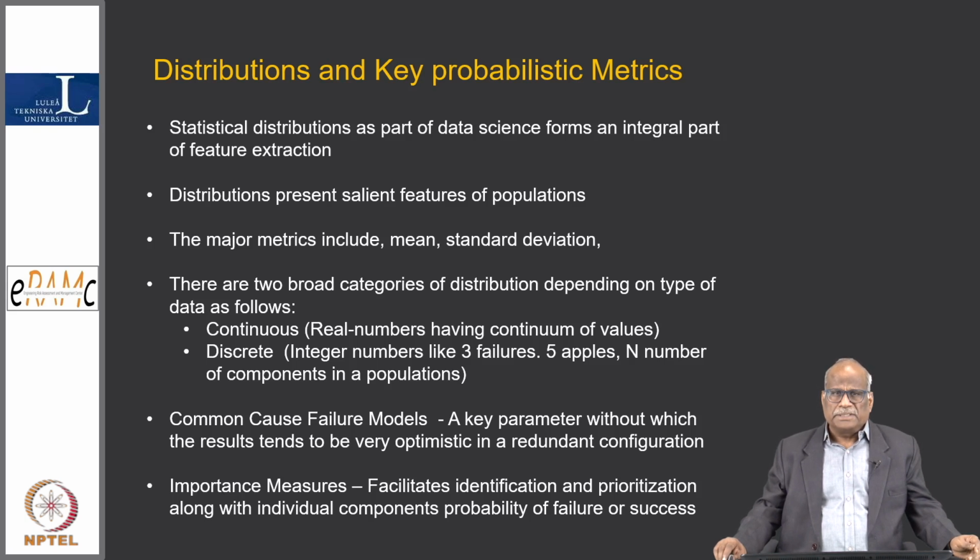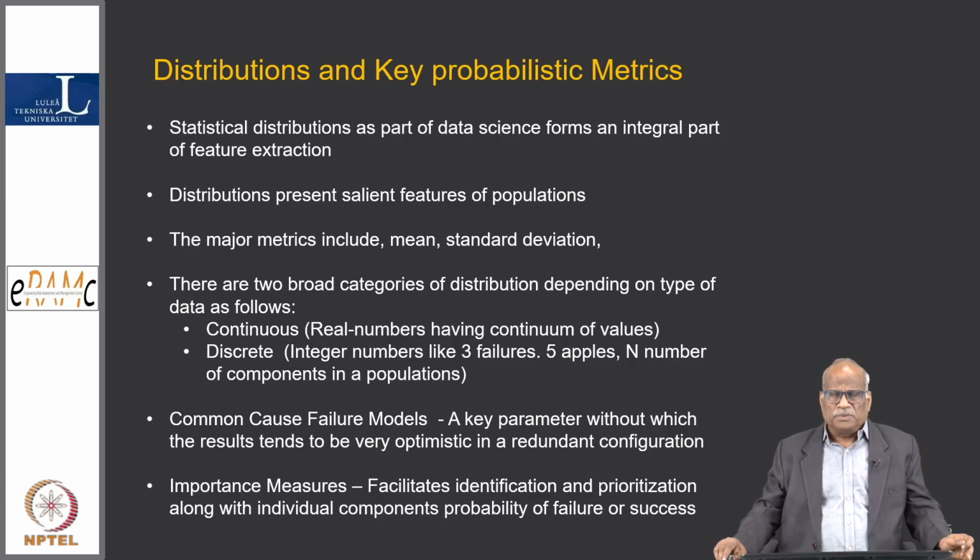In feature extraction, the population is not fed directly. The population characteristics in terms of mean, median, or key parameters are fed. Like if it is a vibration, the RMS value is fed, and that is where time domain and frequency domain data are very important.